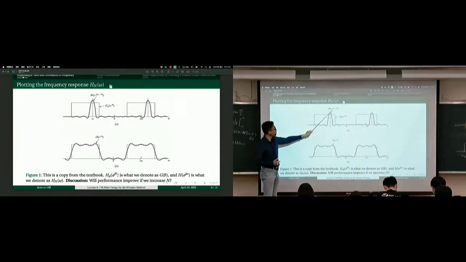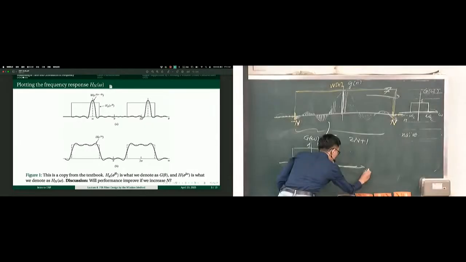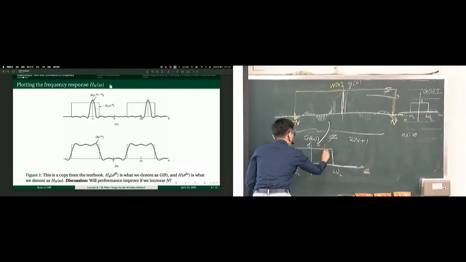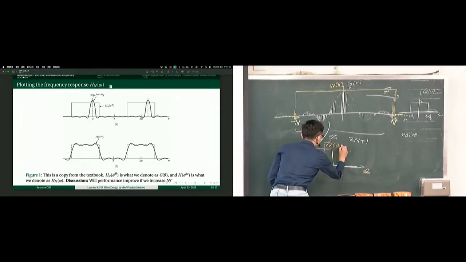Flip W and shift it by omega. So imagine this curve is going to shift to the right and to the left. On this plot, this is theta when we consider convolution, and now this is W of theta minus omega.